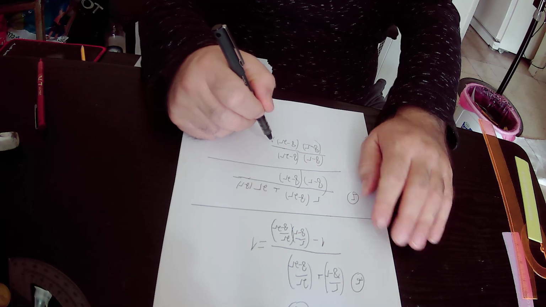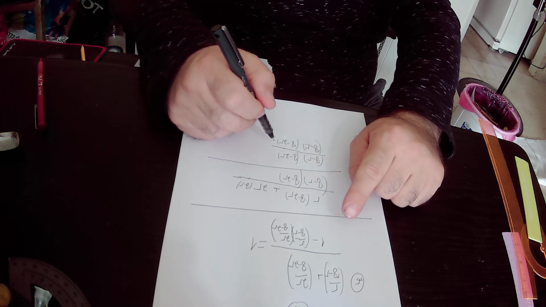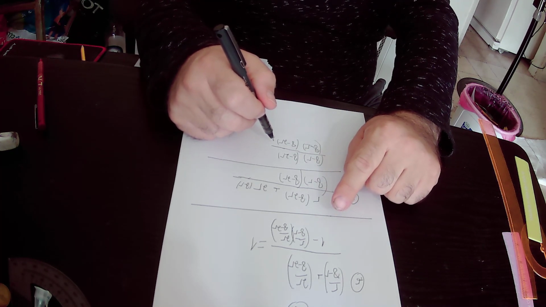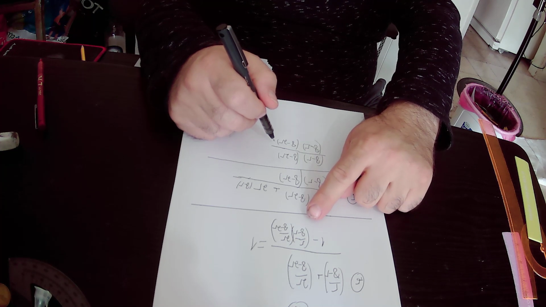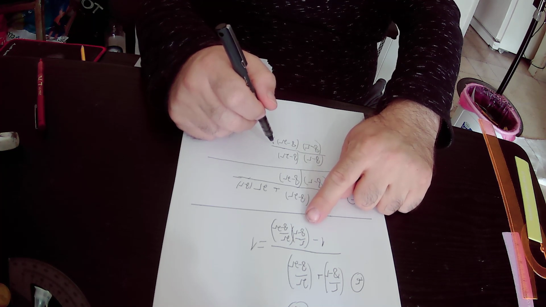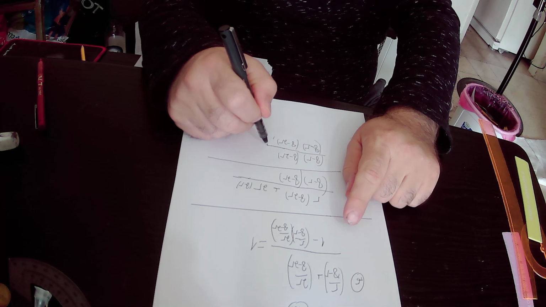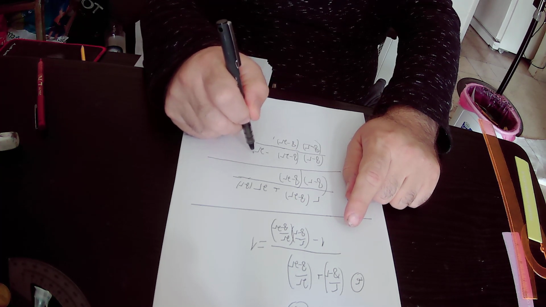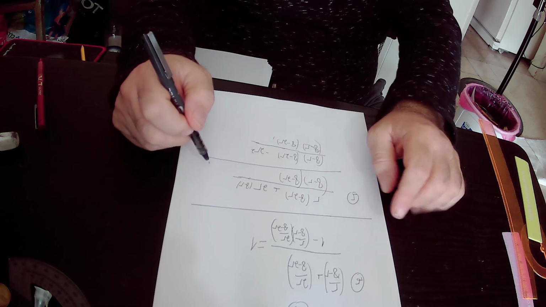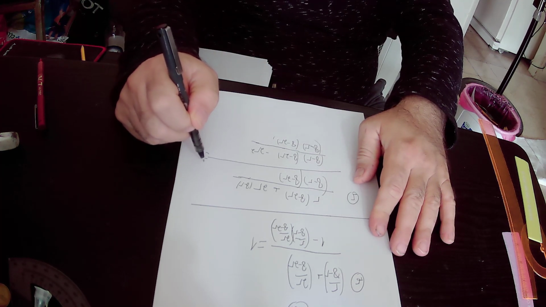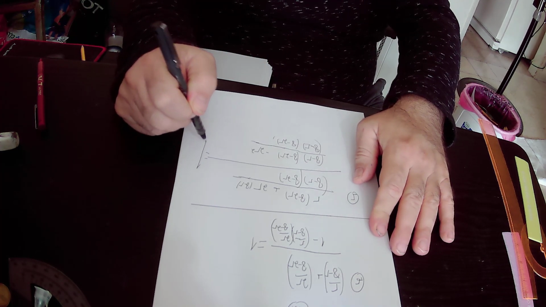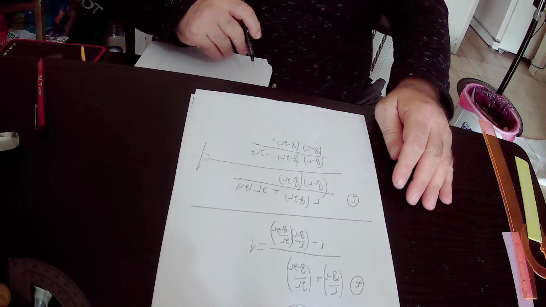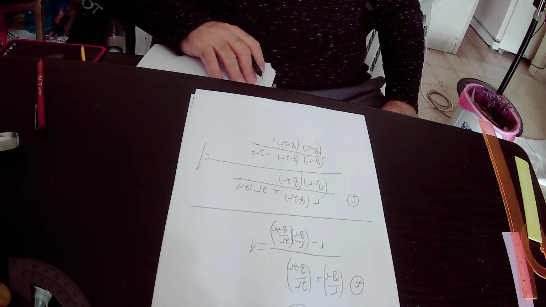Then we will have to subtract from 1 this expression, which is 2R squared, since 2R times R is 2R squared, all equals 1.